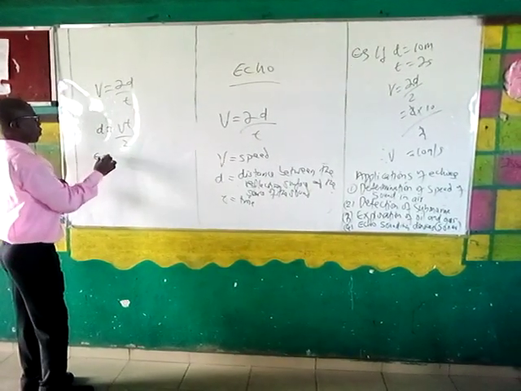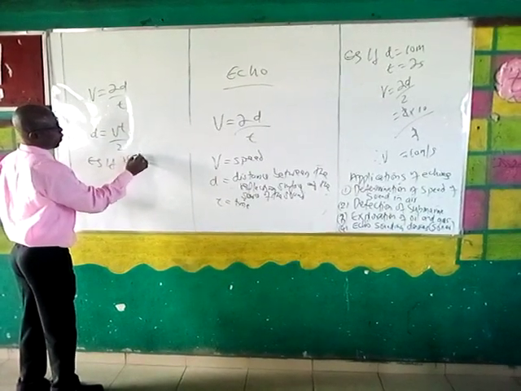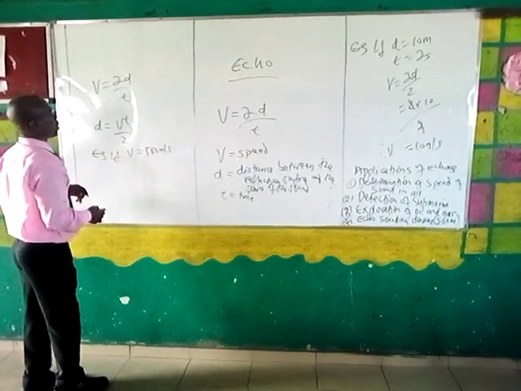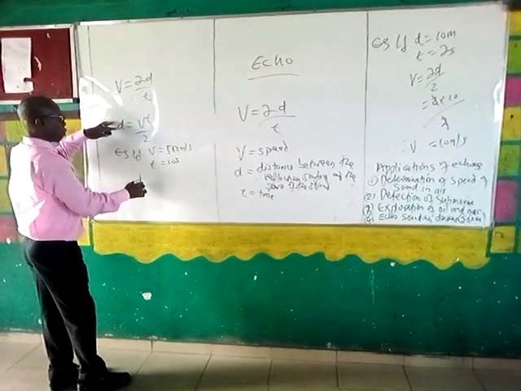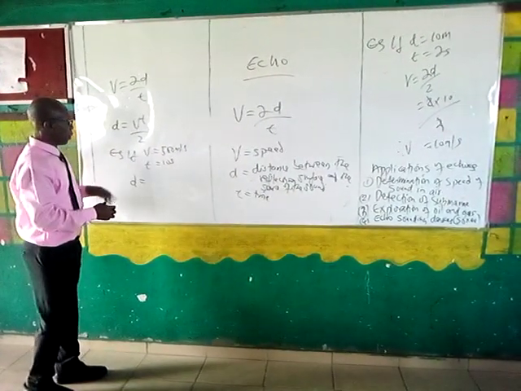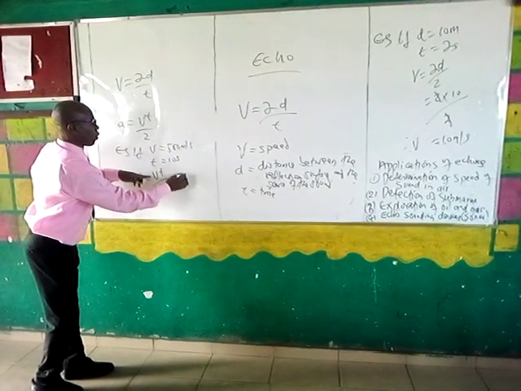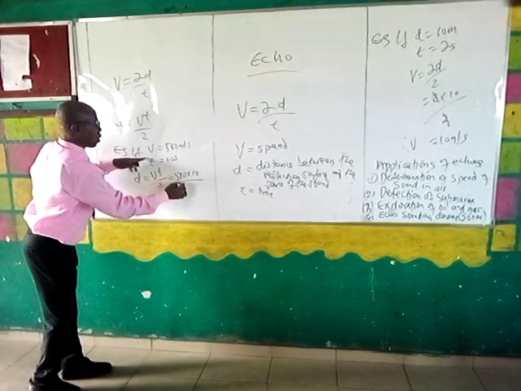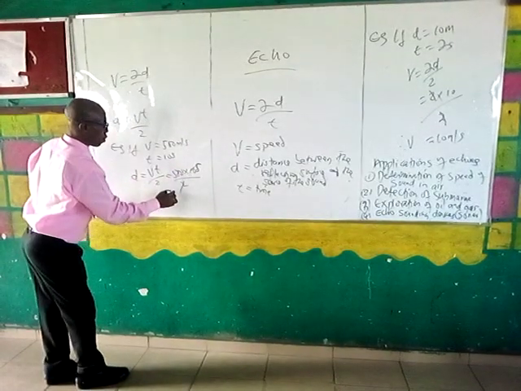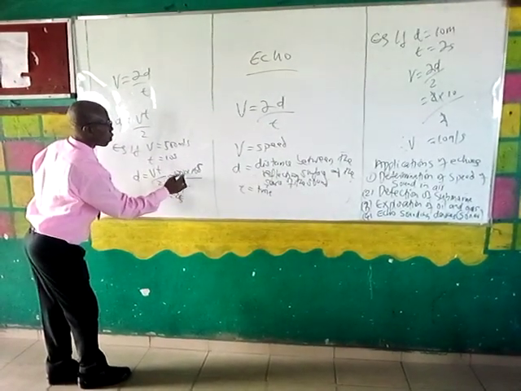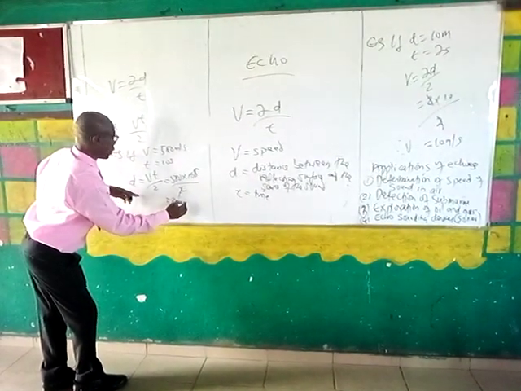If v is known, assuming this is 500 meters per second and the time interval is 10 seconds, you can determine the depth of the sea using this formula. This is 500 times 10 all over 2, which is 2,500 meters.